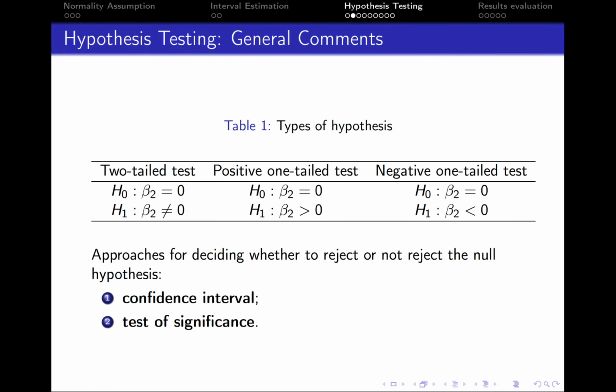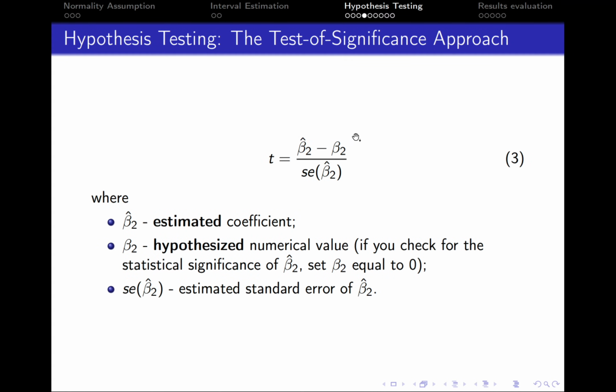So if we go back to my example, I've chosen this hypothesized value of 0, so I would substitute it right here into the equation instead of this beta 2. So this will be beta 2 with the hat minus 0. And then we divide everything by the estimated standard error, which we don't need to calculate ourselves because the software will do this for us.